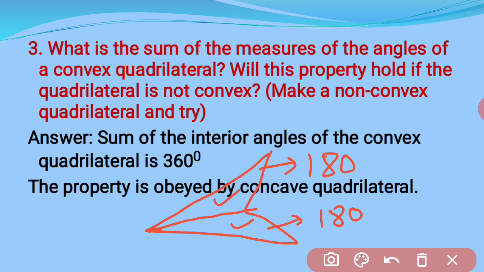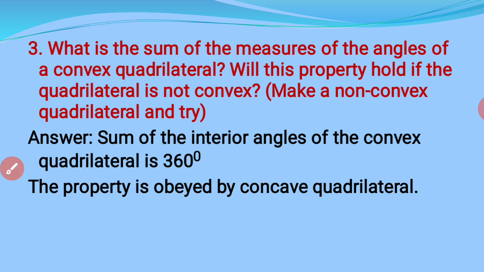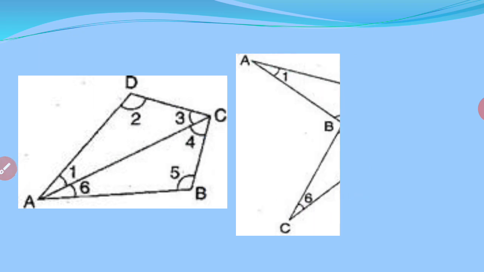So, two triangles, that is 180 plus 180, the total measure of all the angles will therefore be 360 degrees. With this, we are proceeding.